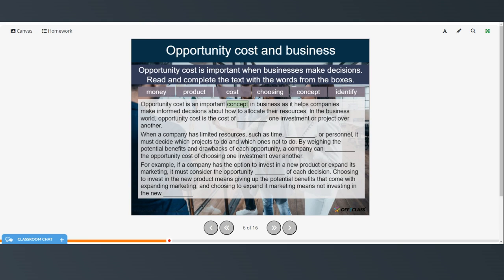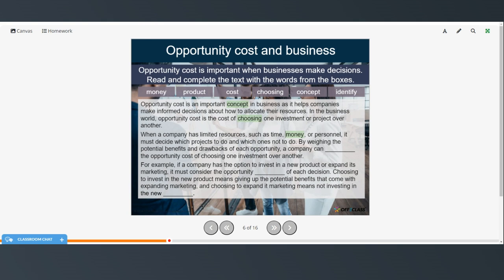In the business world, opportunity cost is the cost of choosing one investment or project over another. When a company has limited resources such as time, money, or personnel, it must decide which projects to do and which ones not to do.